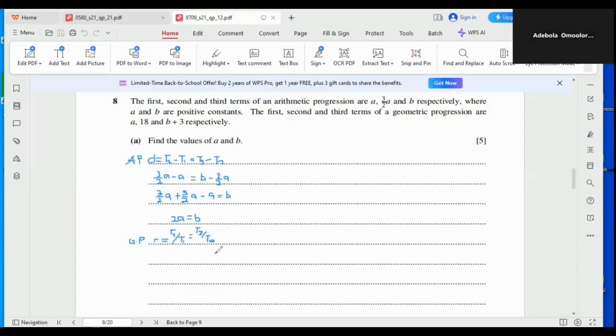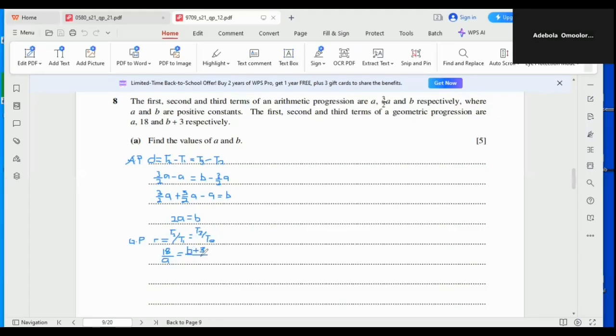So T2 is 18, which means the common ratio is 18 over A. And also the common ratio is B plus 3 over 18, because the common ratios must be the same. If not, then it's not a geometric progression.